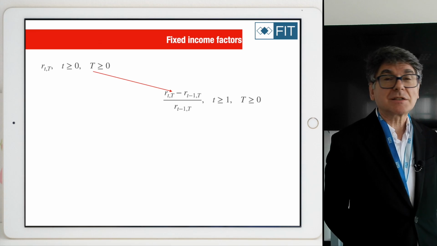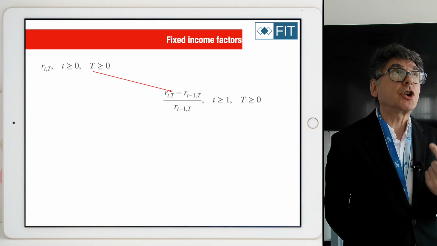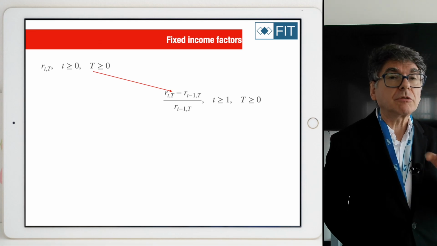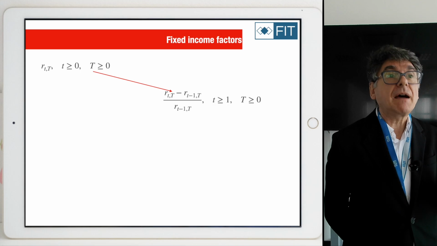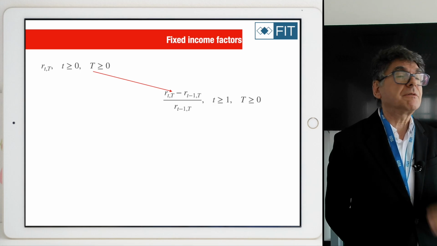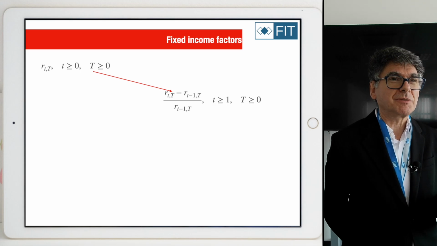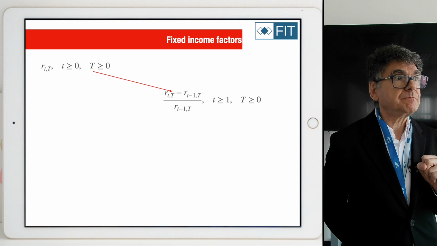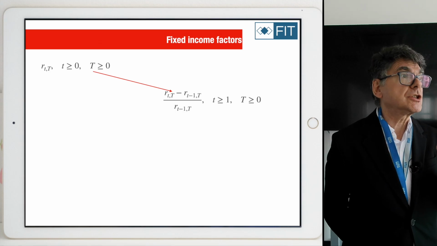But these R's are also autoregressive. They have a unit root. So I need to differentiate them to kill the unit root. I need to make them IID. This is IID. The original R is not IID.